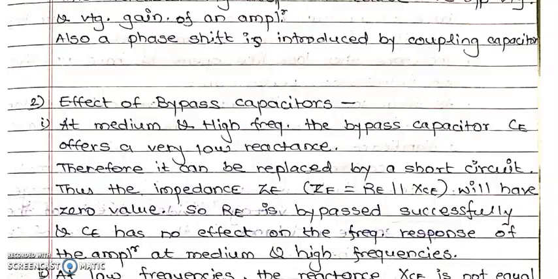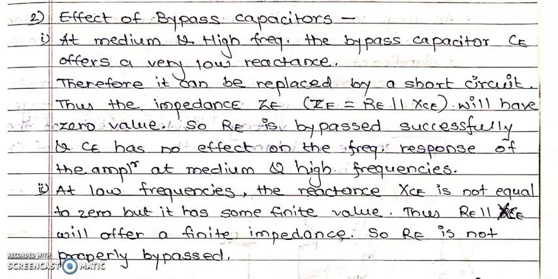Now we'll see the second, that is bypass capacitors. Effect of bypass capacitors at medium and high frequencies: the bypass capacitor CE offers a very low reactance, therefore it can be replaced by a short circuit, and that's why the impedance present at the emitter terminal, represented by ZE, which is equal to RE parallel to XCE, will have zero value since the reactance value is very low at high and mid frequency region.